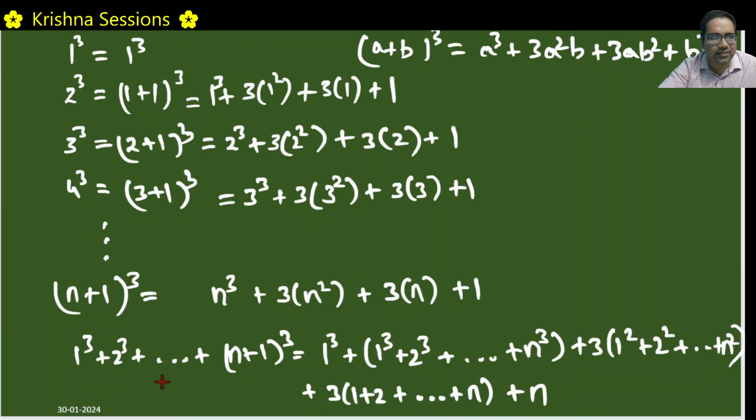That is the left hand side. What is the right hand side? Again these terms: 1 cube plus 2 cube plus 3 cube up to n cube, and the first 1 cube is already there, so 1 cube is coming twice. Then plus 3 into 1 square up to n square, plus 3 into 1 plus 2 up to n, plus 1 coming n times.